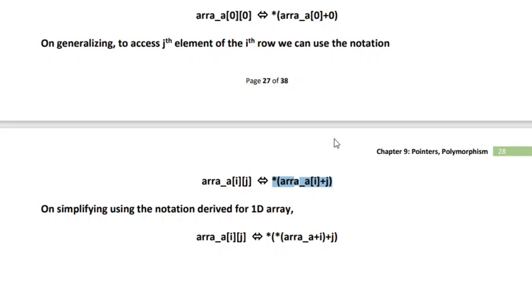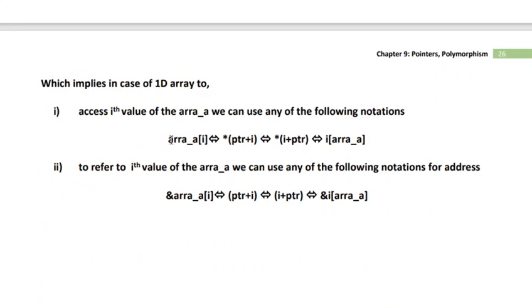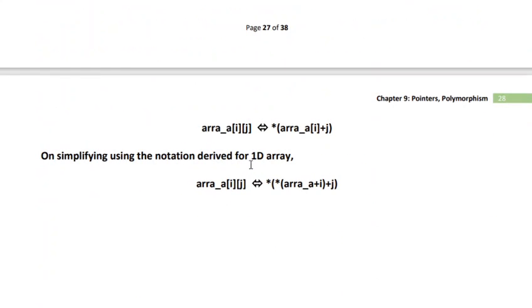Now using the deduction from one-dimensional array, if you remember, in case of one-dimensional array, we have come to a conclusion that arr_a[i] can be replaced with *(ptr + i), or it can be replaced with *(arr_a + i). So now using that particular deduction, arr_a[i] can be replaced with *(arr_a + i), which implies arr_a[i][j].